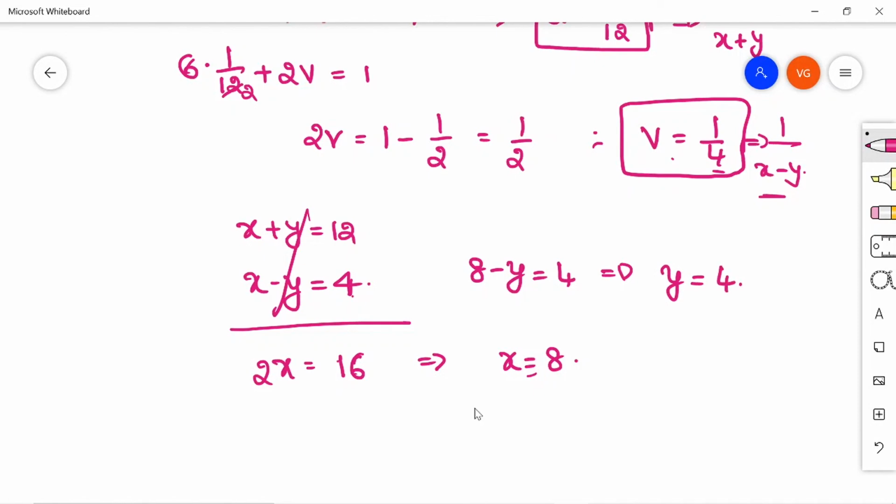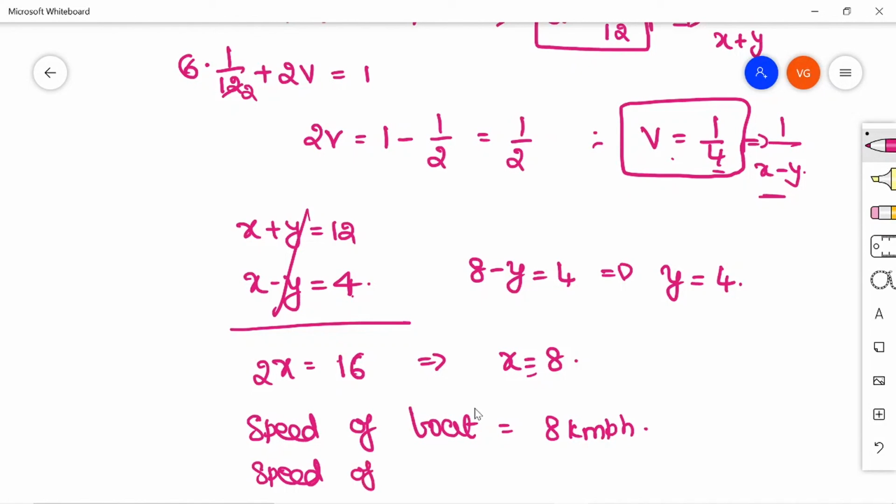So that you can write: the speed of the boat in still water is x is equal to 8 km per hour, whereas the speed of water, or speed of current, or speed of river flow or stream, you can write as 4 km per hour. So this is how we can solve this problem.